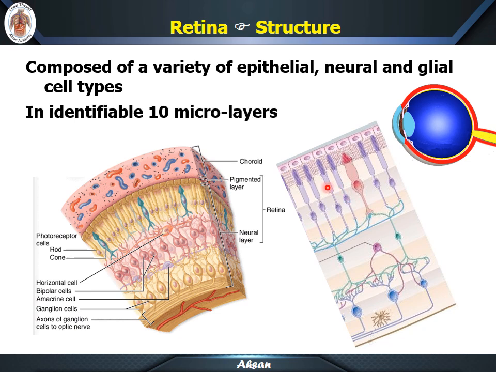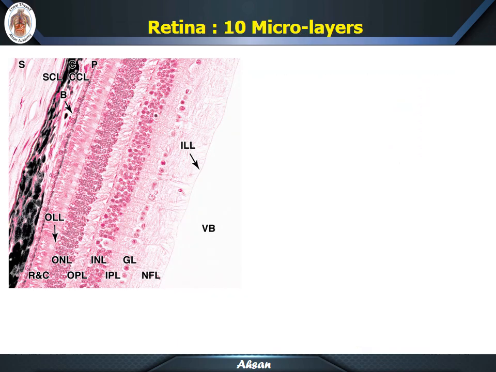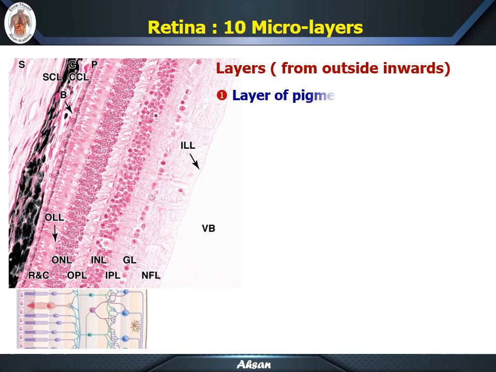In a microscope, we can identify 10 layers of retina if we enlarge the power. You can see this is the histological features of the retina showing 10 microscopic layers. These layers are named here from outside inwards. This is the first layer, the layer of pigmented cells.